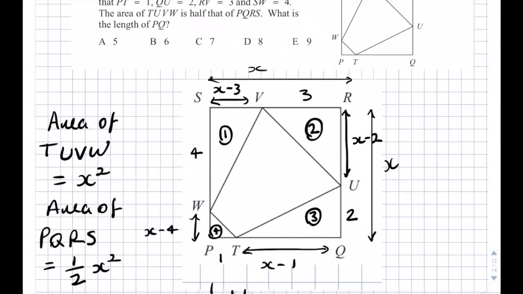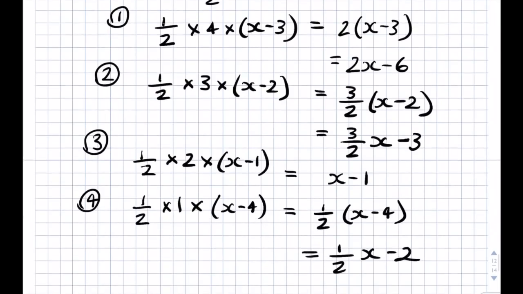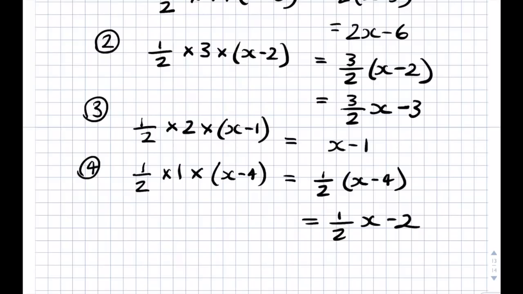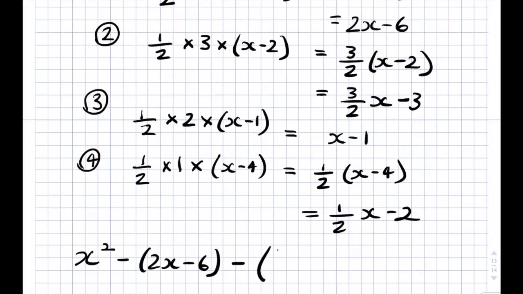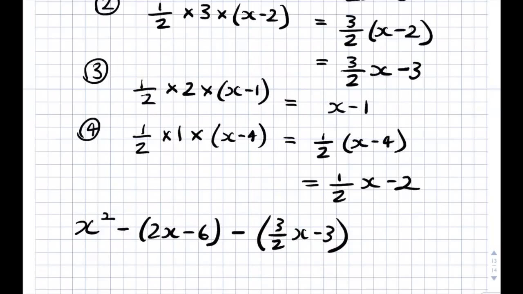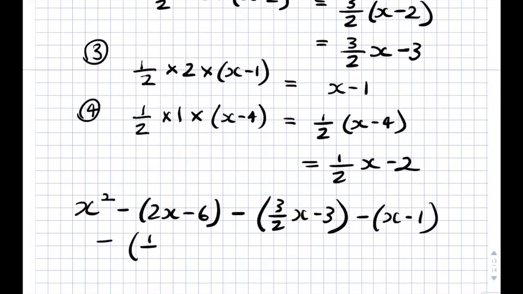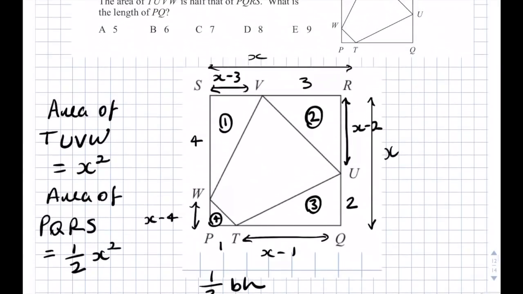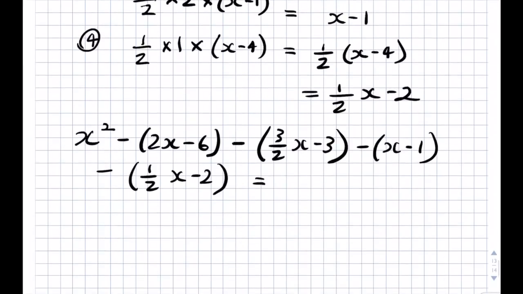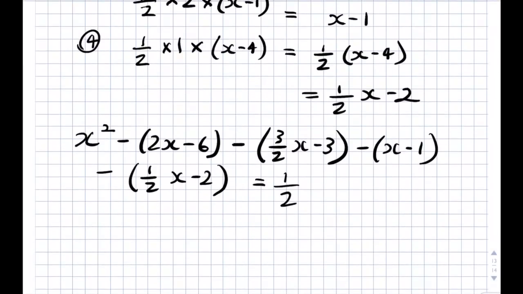So the area of PQRS is x squared, so we need to take x squared minus shape 1, which is 2x minus 6, minus 3 over 2x minus 3, minus x minus 1, minus a half of x minus 2, and that is all going to be equal to the area of 2UVW, which is a half x squared.